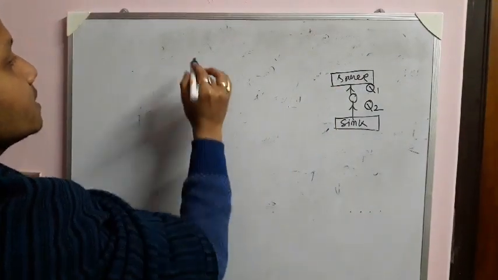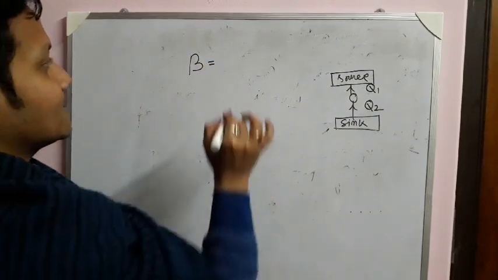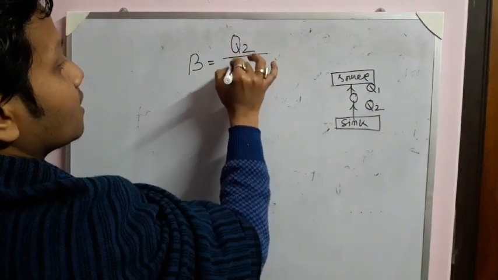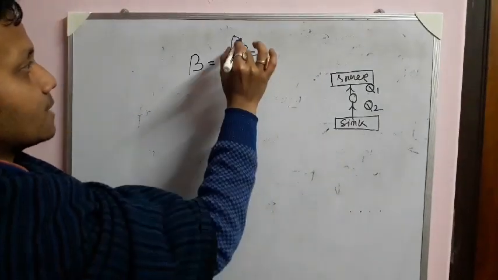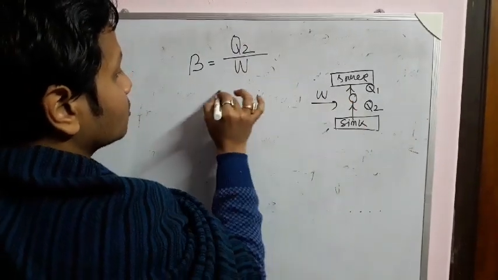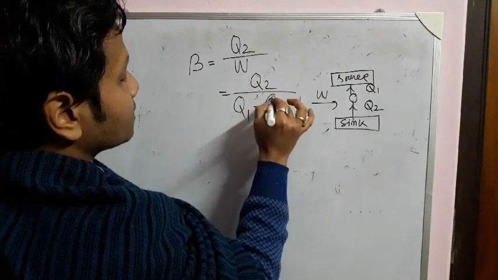The coefficient of performance of a refrigerator is defined as the ratio of heat absorbed from sink to the external work done on the machine. So W equals Q1 minus Q2.